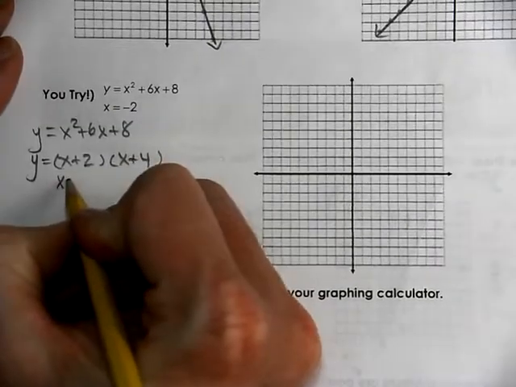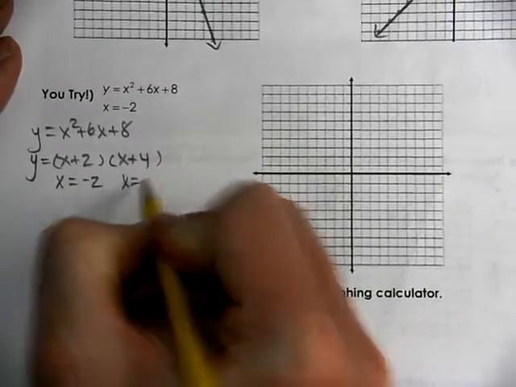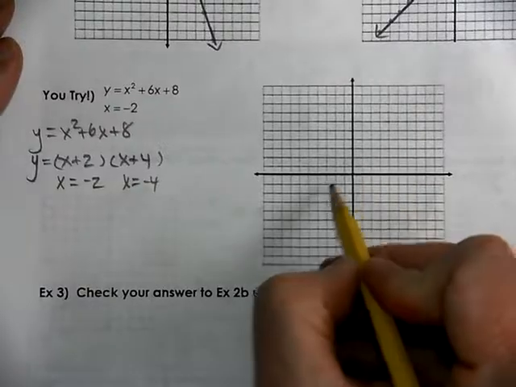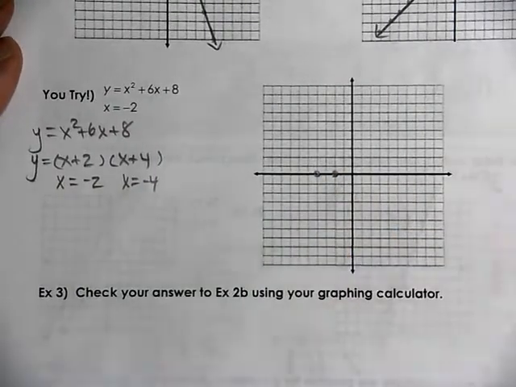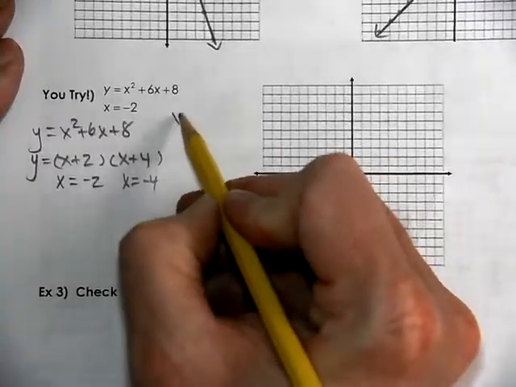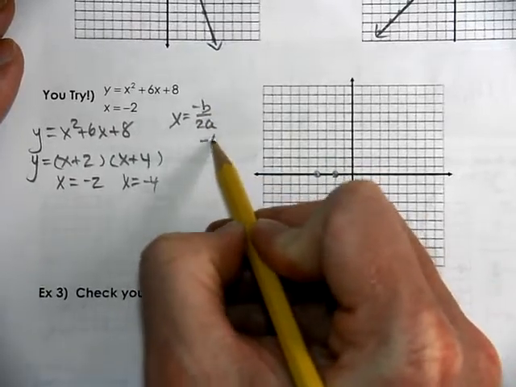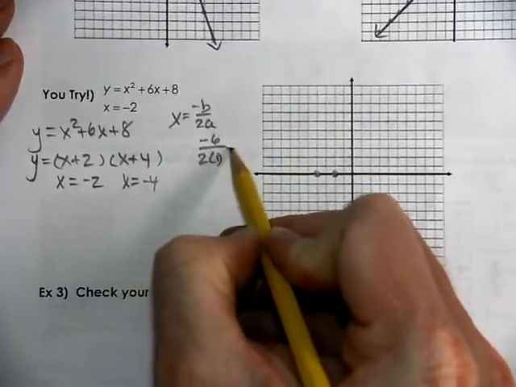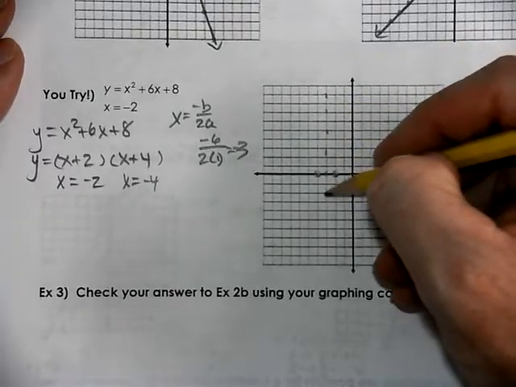So when you solve it using the zero product property, you would be crossing at -2 and -4. If you want to use -b over 2a, you get a line of symmetry here at -3.